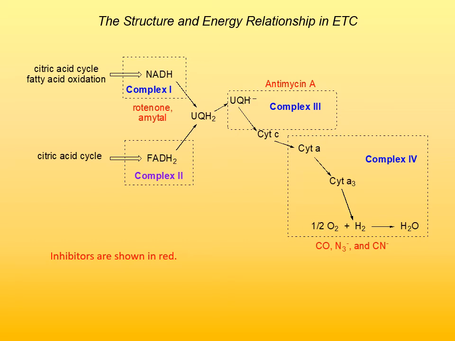So the role of either complex 1 or complex 2 is to transfer electrons to ubiquinone to generate dihydroubiquinone. In complex 3, dihydroubiquinone transfers electrons to cytochrome C, which then in complex 4 utilizes those electrons to reduce oxygen and form water. Each of those complexes actually has inhibitors associated with it, which we'll cover in the next slide, and they are shown in red.